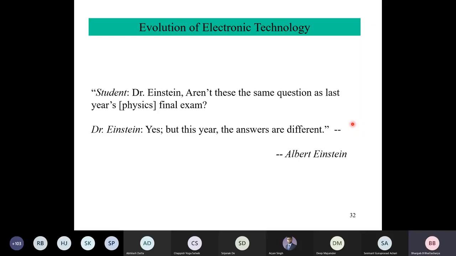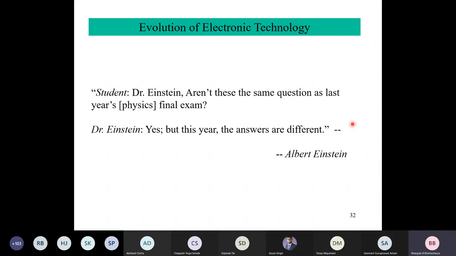Now, the message I want to pass on to you is the following. This electronic technology changes very fast. Any technology which you embrace today will quickly pass into obsolescence tomorrow. And this is very apparent in electronics technology.